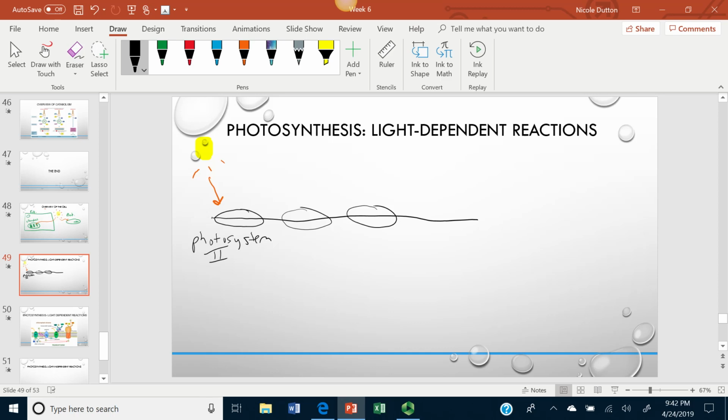When sunlight hits photosystem 2, an electron is excited and it bounces off of the membrane. That electron is captured by a transporter, and that transporter is known as plastoquinone, which delivers the electron to the next step along the way, cytochrome.